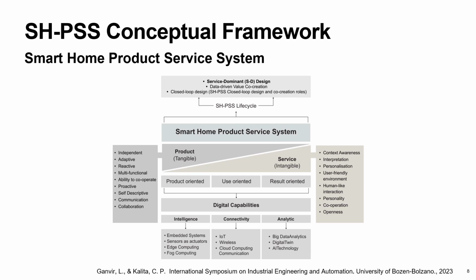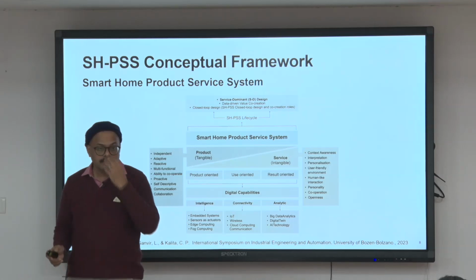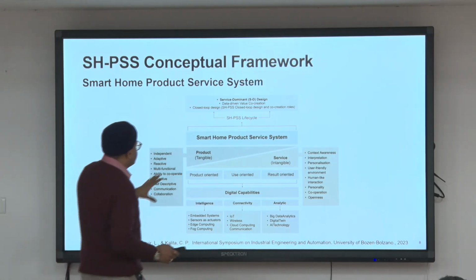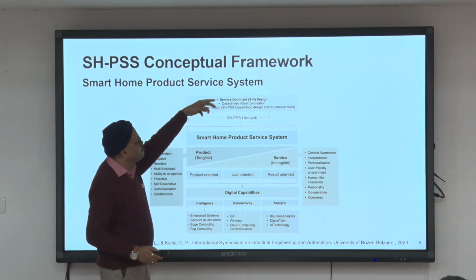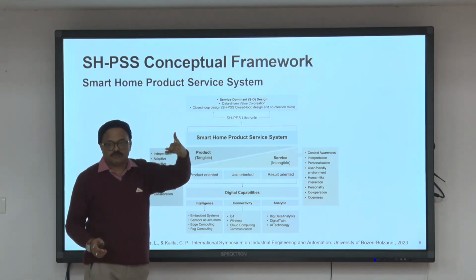When we talked about connectivity, we talked about Internet of Things, wireless, cloud computing and communication. When we talked about analytics, we talked about big data analytics, digital twin and AI technology, right. These are the basic three focus areas that we have identified.